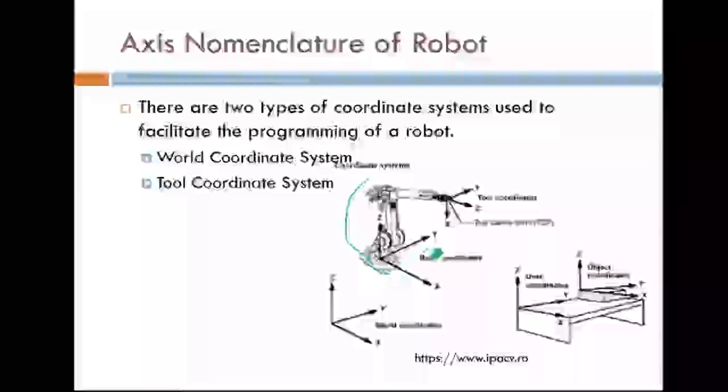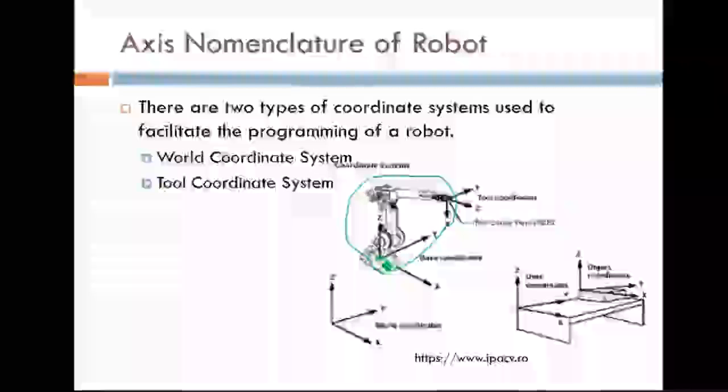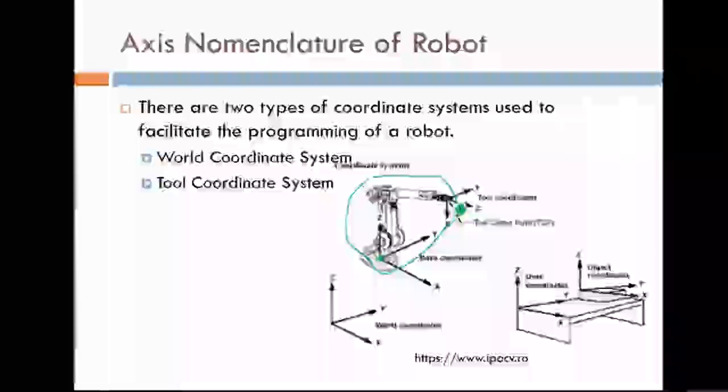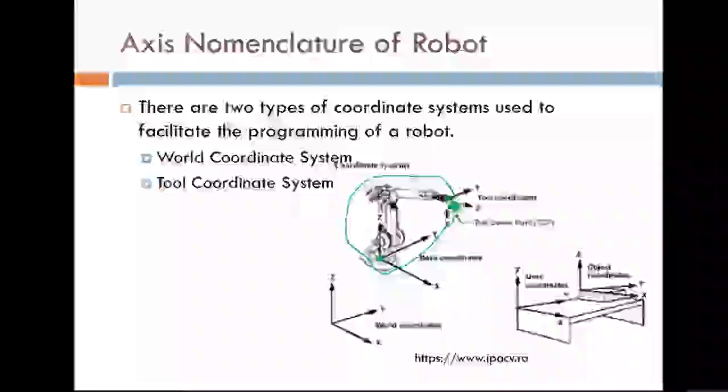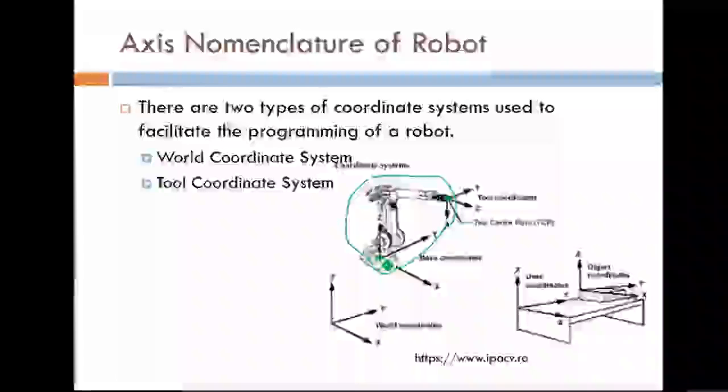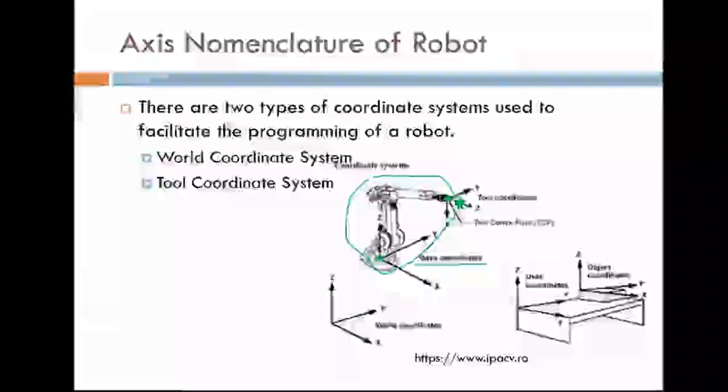This is the robot. The robot base coordinate, x1, y1, z1, is here. The last coordinate, x2, y2, z2, is here. From the base, I have one fixed point, so I use this base coordinate, and this tool coordinate is not fixed.